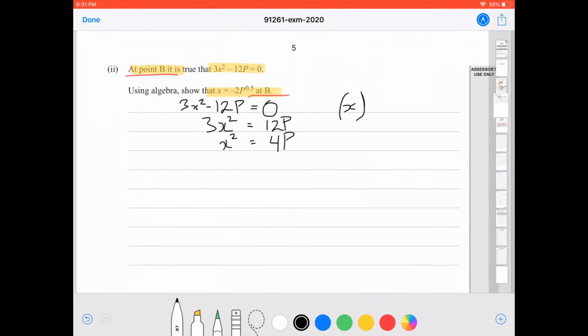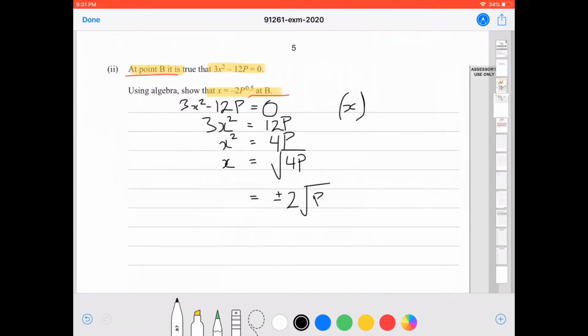Now we have to square root. The opposite of squaring is square root. So root of 4p. And so this equals plus or minus 2 root p.